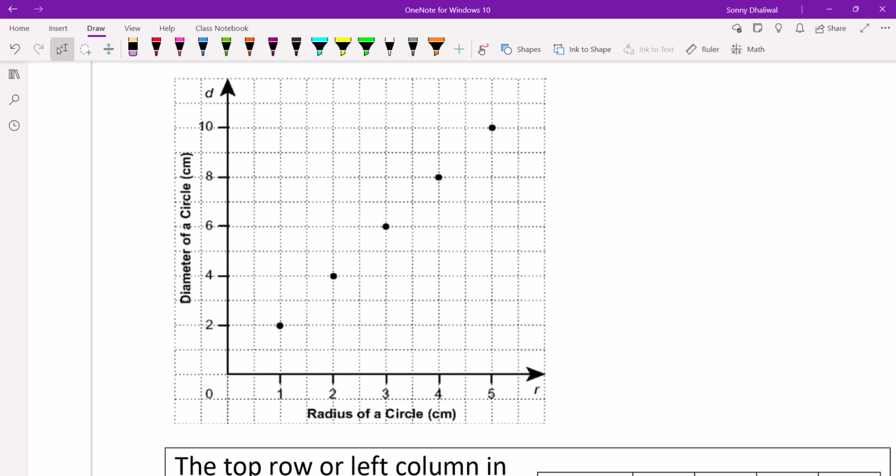Who knows? No yelling at me. Yes, Ariana, which way is X? Horizontal. Yeah, so X is this way. I'm going to put the letter X here. And Y is this way.